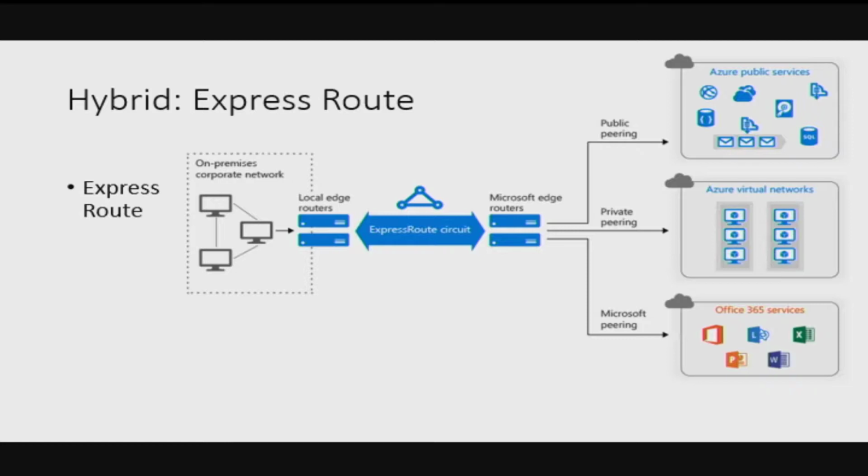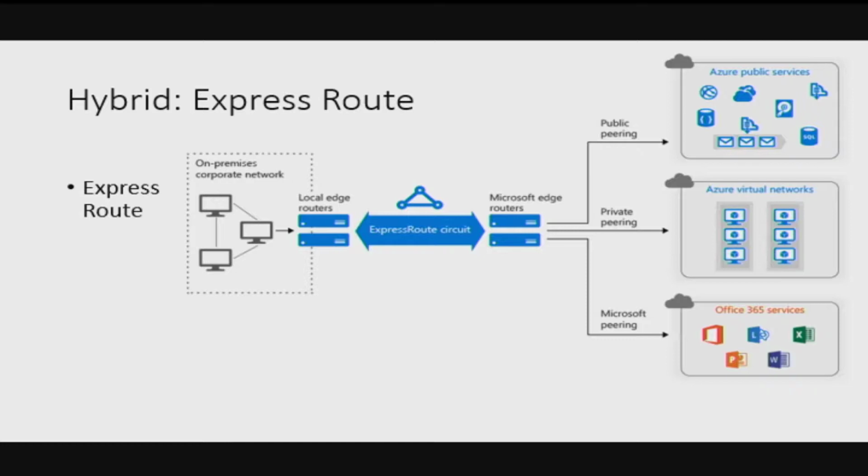So if you're using Azure Web Apps or Cosmos DB or SQL DB, all of the traffic to those resources can go through your ExpressRoute connection. So you'll get the performance and the security of having that all go through that direct connection into Azure.